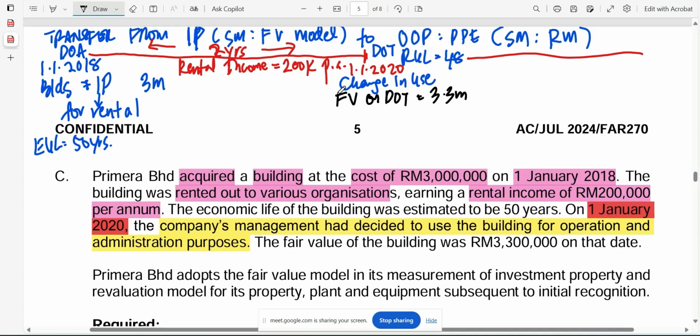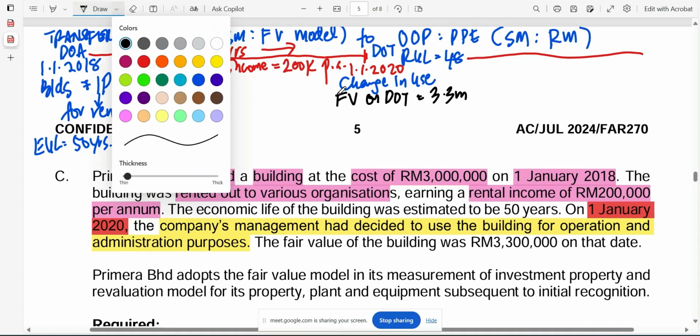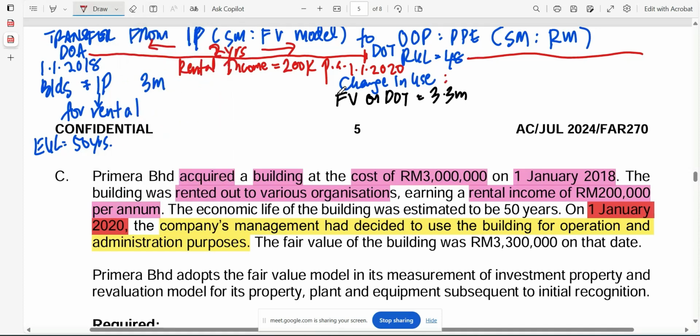The change in use here is from being rented out to admin use. Rented out means it was an IP, and now it becomes a PPE.